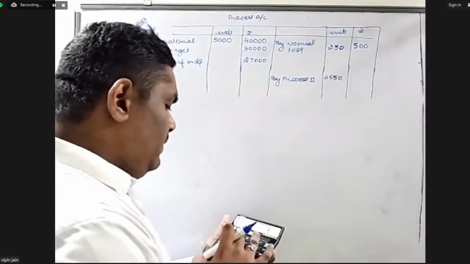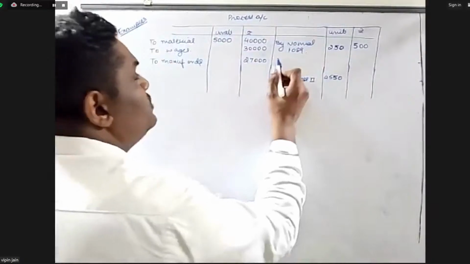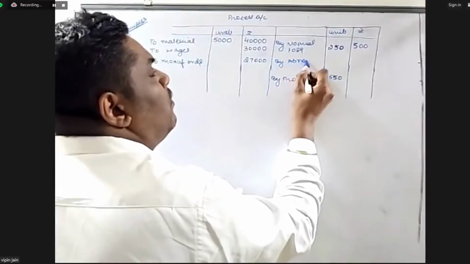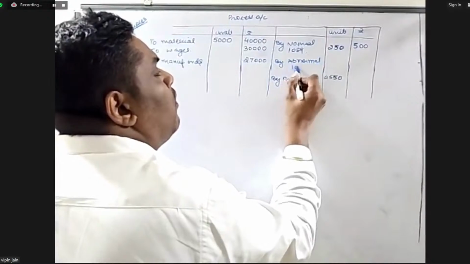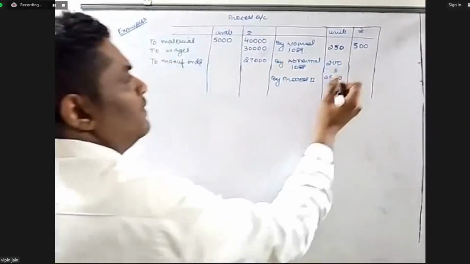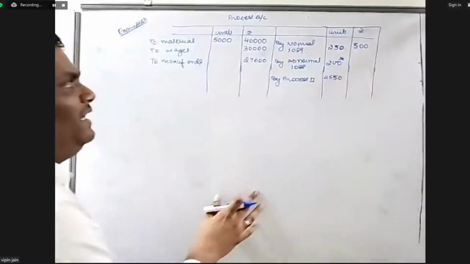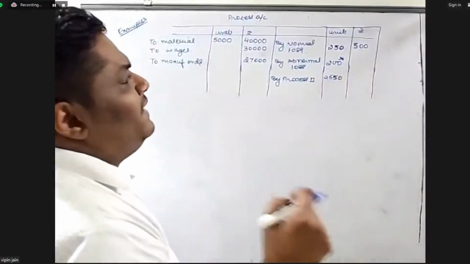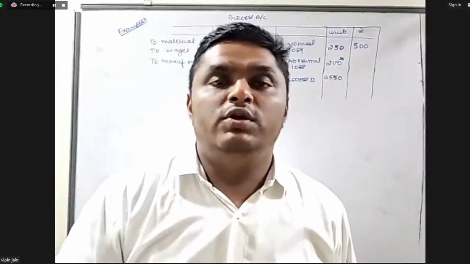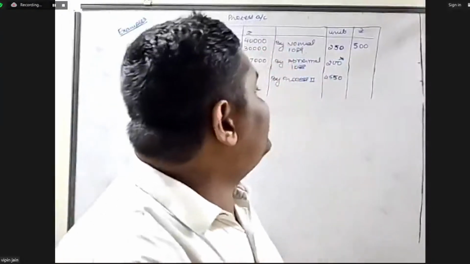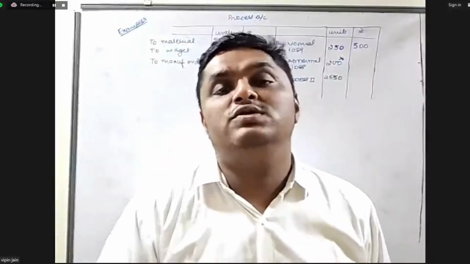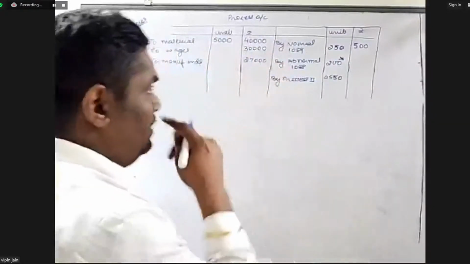It means there is an abnormal loss of how many units? 200 units. I repeat again, my expected production was 4,750 units. However, my actual production is only 4,550. It means there is an abnormal loss of 200 units.